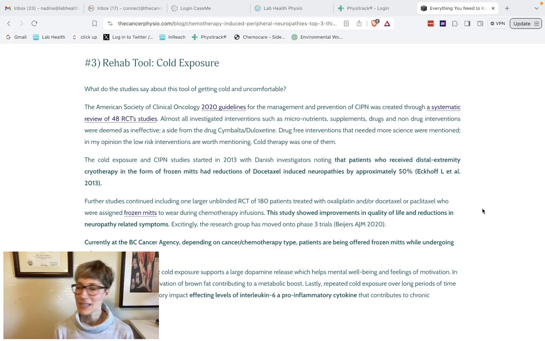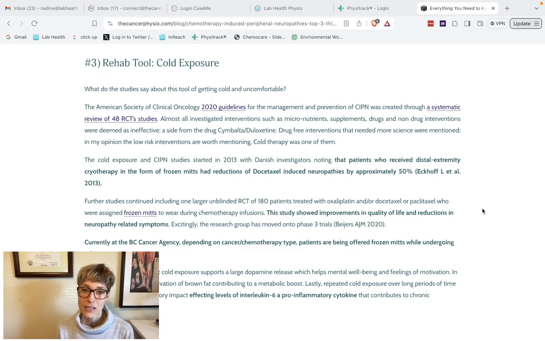And there wasn't really any intervention, micronutrient supplement, drug or non-drug, that was deemed effective aside from Cymbalta, or duloxetine, as a form of pain management associated with having CIPN. So I liked looking a little bit at some of the drug-free interventions that were highlighted as just needing more science, kind of inconclusive, especially the drug-free interventions that are low risk. And one of them is cryotherapy or cold therapy.